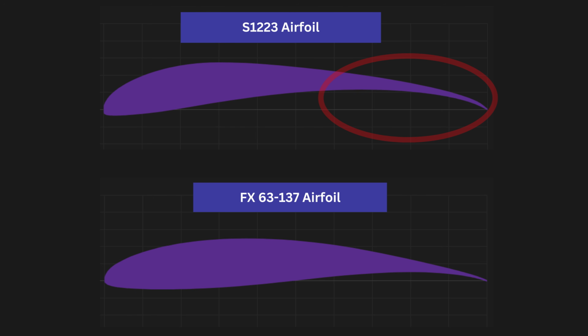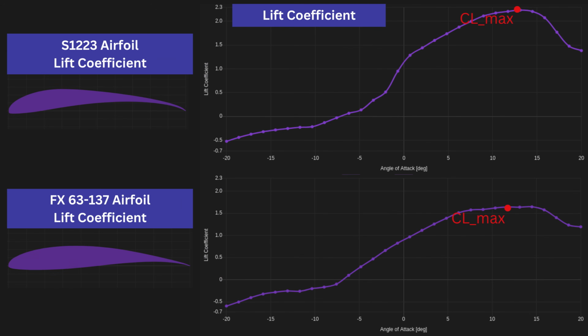Next, let's look at the maximum lift coefficient. The Selig 1223 offers 40% higher maximum lift coefficient, which is a critical benefit since our design is intended for heavy lift purposes. Both airfoils exhibit a gradual stall, although the stall for the FX 63137 is more lenient.